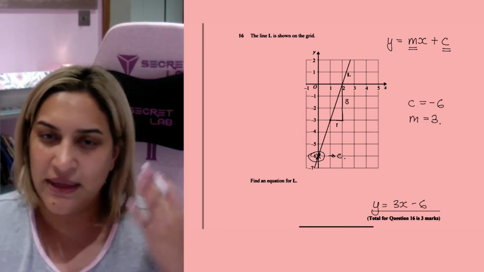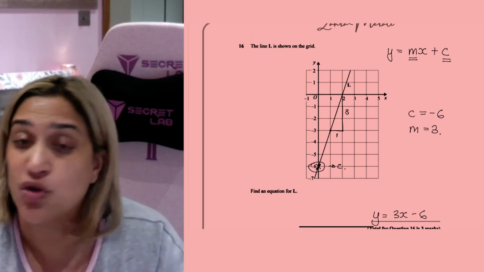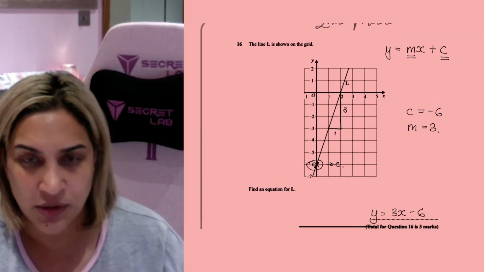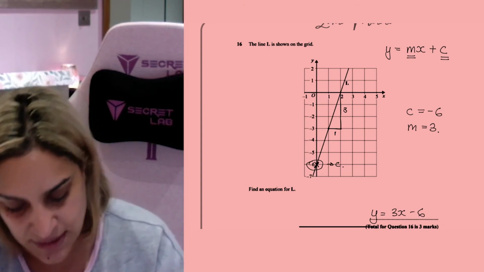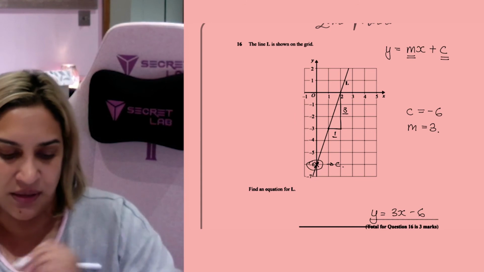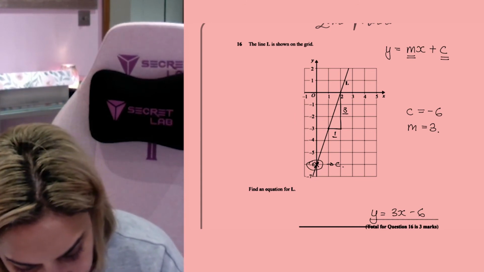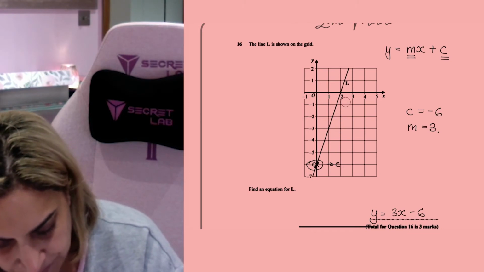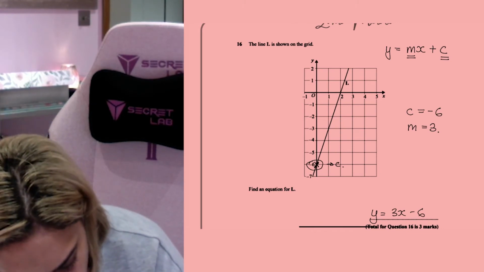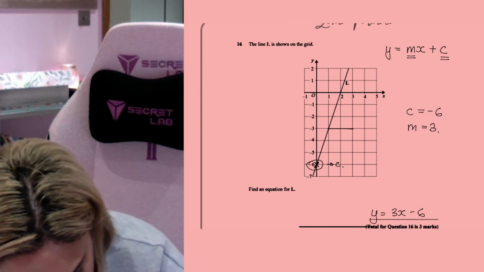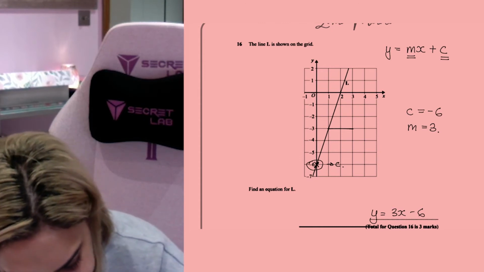Now the other way that you may have seen a gradient is to draw a triangle like this. And you may have learned it as rise over run, or the change in y over the change in x. So essentially you're doing this 3 divided by this 1. But we could have made that square bigger. So for example, if I had drawn the square as starting here and I'd gone 2 along. Oh, no, the graph doesn't let me go that far along. Don't worry.